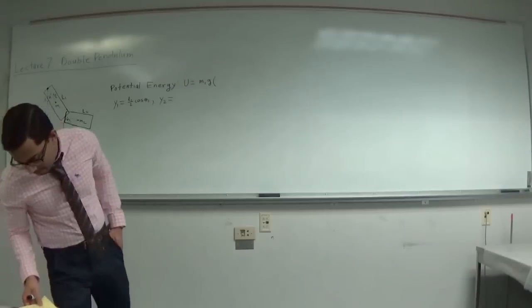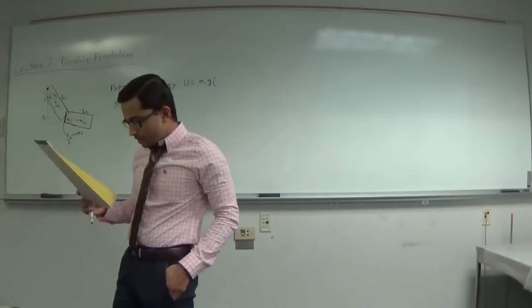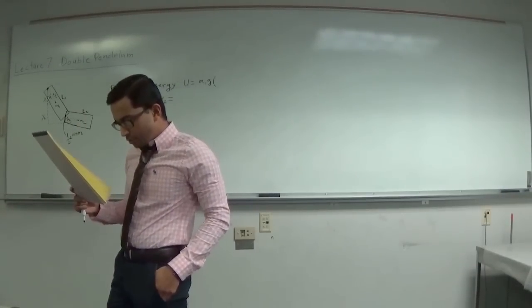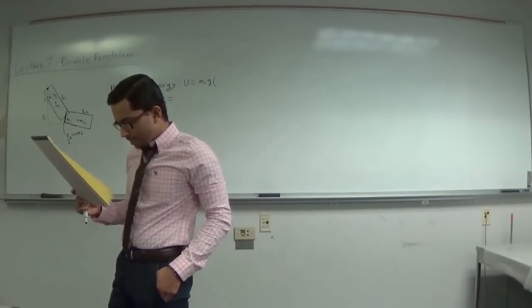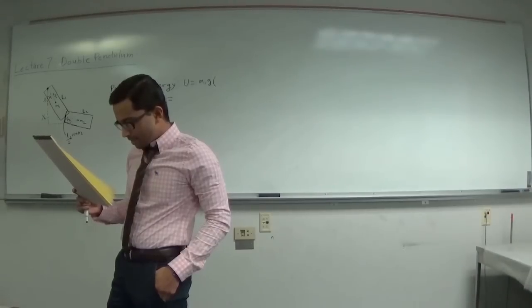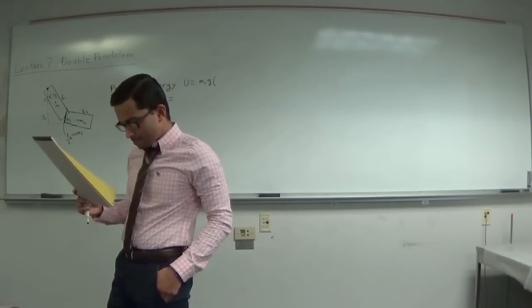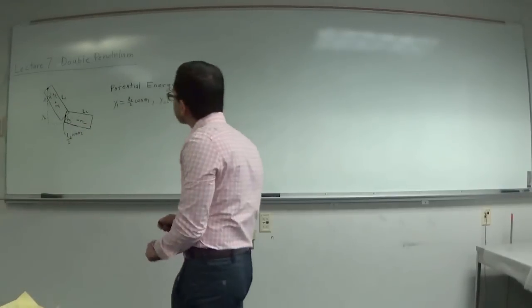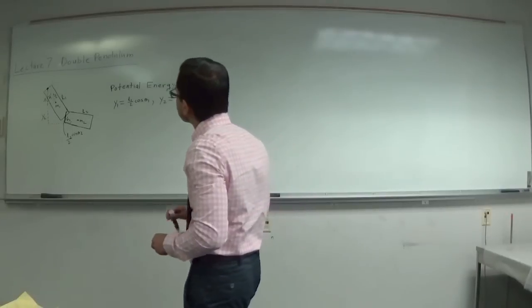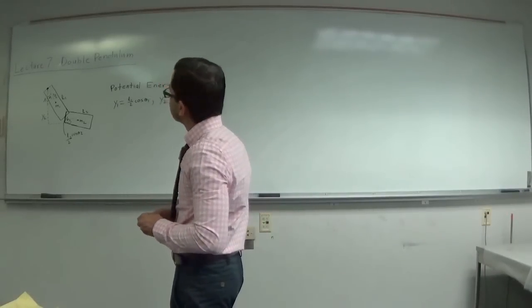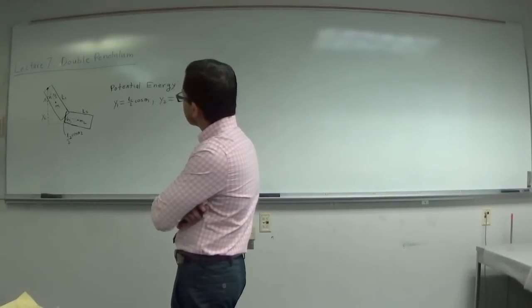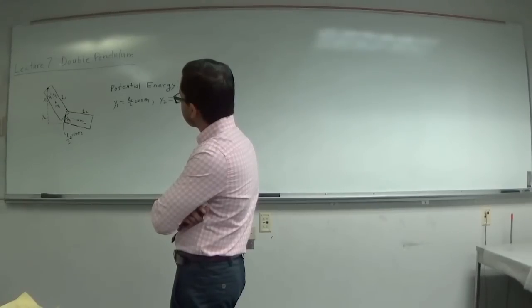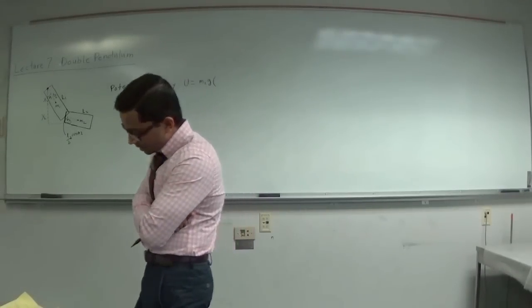Let's see how I wrote it down though. So I just have it written as mgy1. Now is that going to be the same thing? Let's think about it. But I have it written down as a negative.